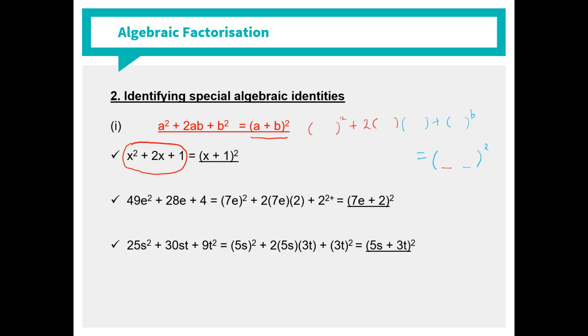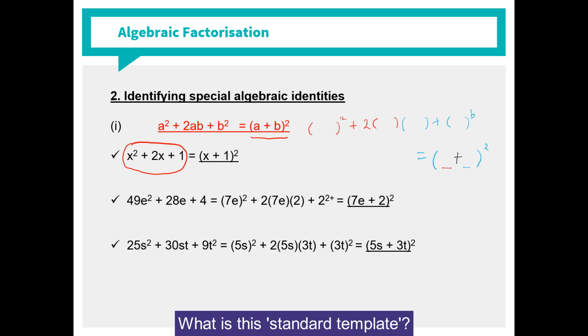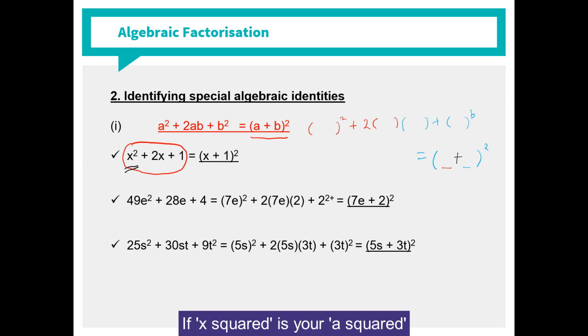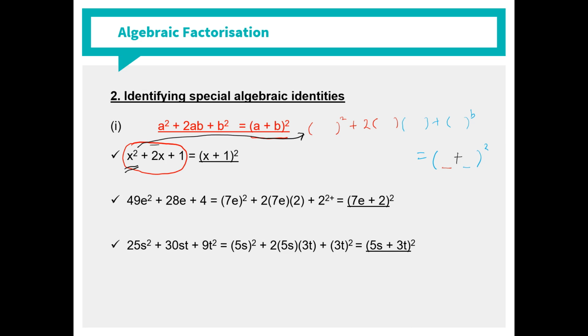Change this to a neutral color. So what is this so-called standard template? Let's look at this one over here. So x square: if x square is your so-called a square, your a will be equal to x.